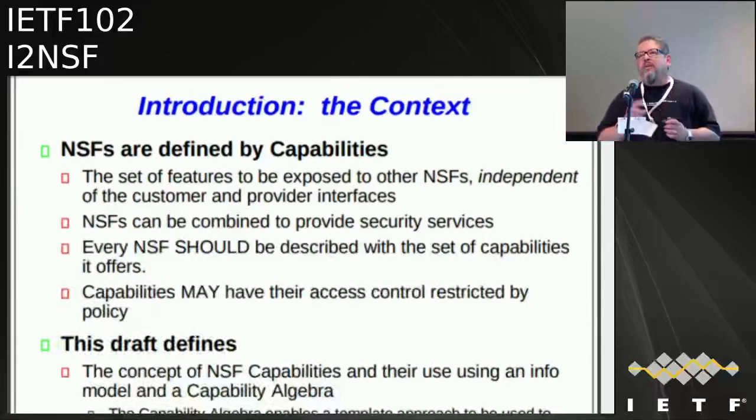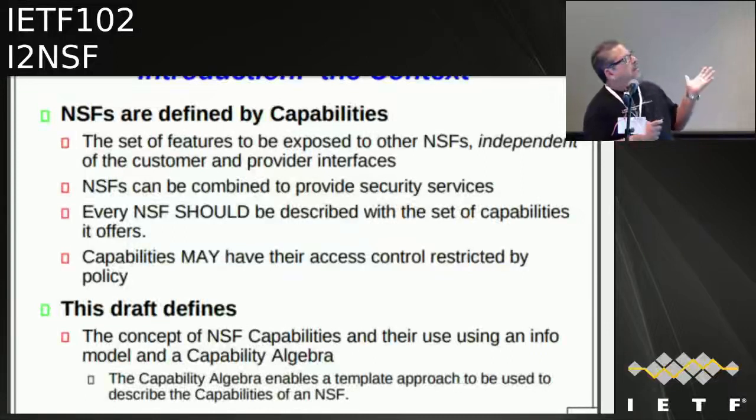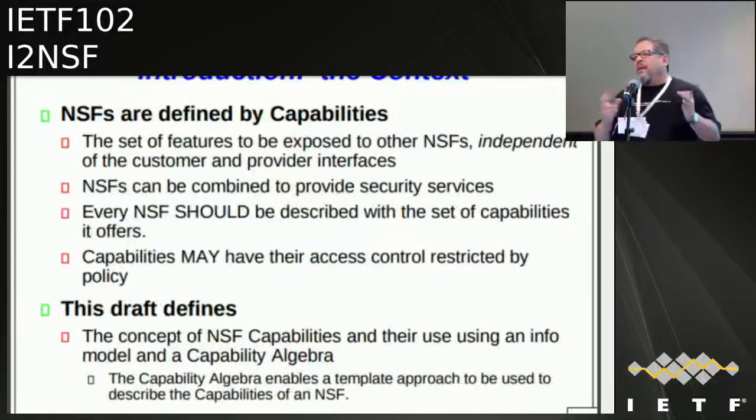So who all has read the draft? This is kind of an important draft if we're going to do models. Please read it. Basically, a capability is a function or a set of functions that are advertised by an NSF.